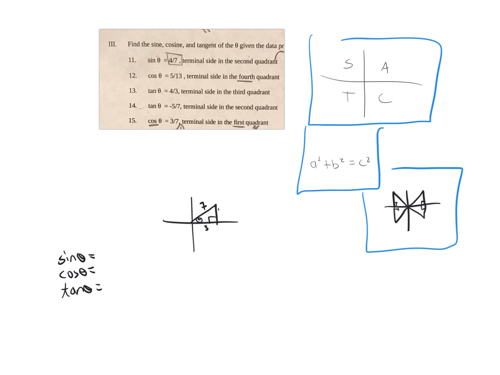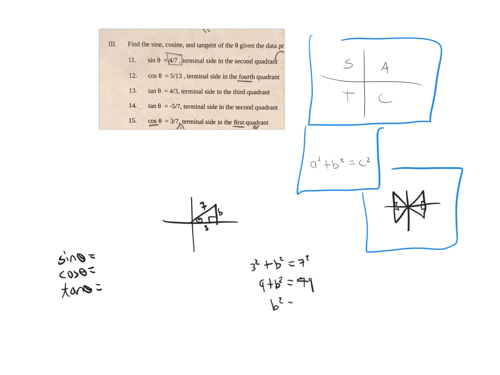Pythagorean theorem, let's call this b. Pythagorean theorem would say 3 squared plus b squared equals 7 squared. 9 plus b squared equals, well, I should say 49 to be honest. So let's just say 49.